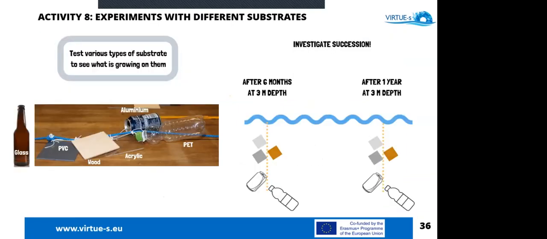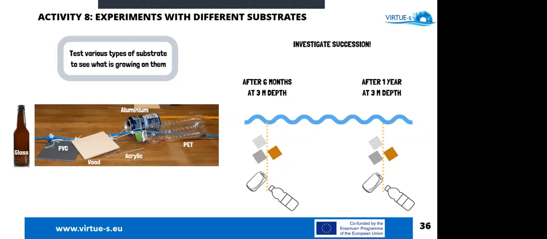The other experiment, again carried out at the GEOMAR Center in Kiel, was about different substrates and succession. So here in this picture, you can see the structure of a different rack, not the normal Virtuous rack.